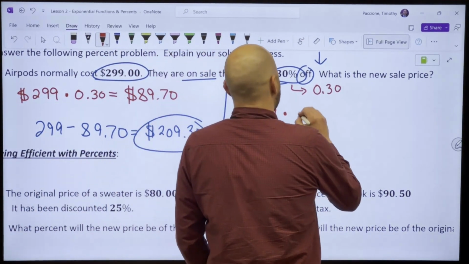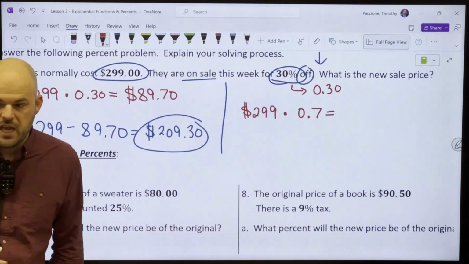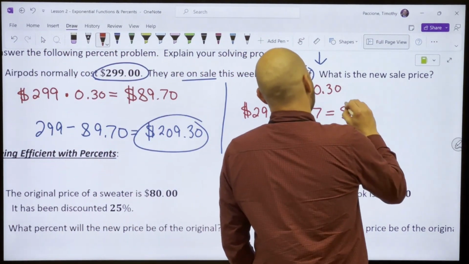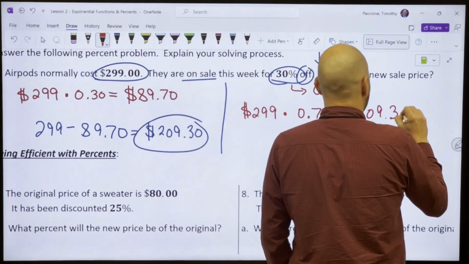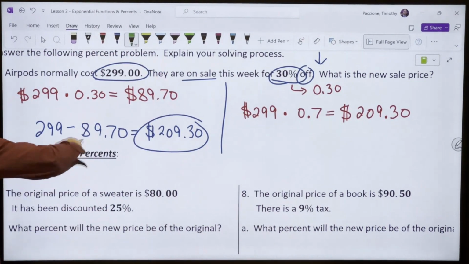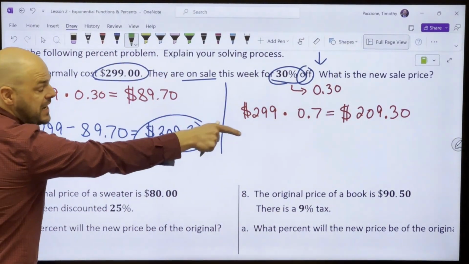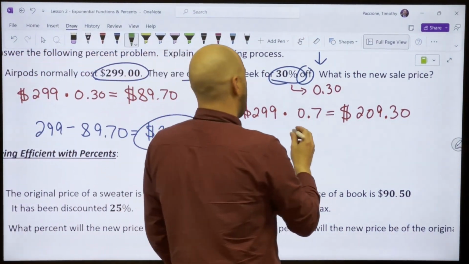So let's see what happens when we do that. 0.7, 299 times 0.7, what do you get? 209.3. And this is the way I want you to be thinking today. This is fine. This is accurate. That's more efficient. It gets right to the answer. Like, this is extra steps you don't need if you know how to do it the other way, right?